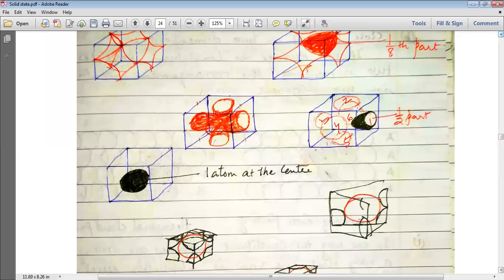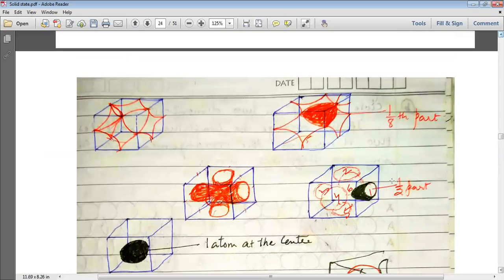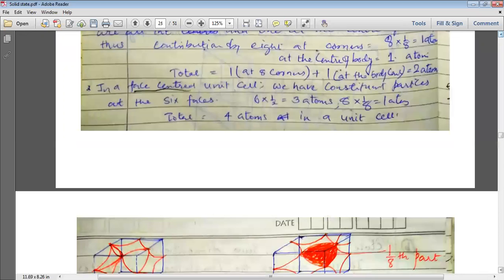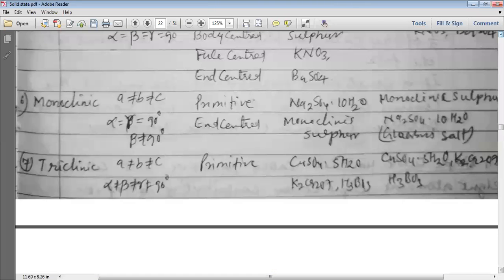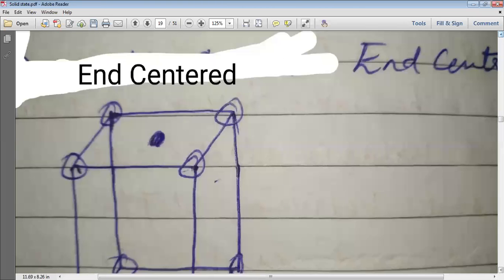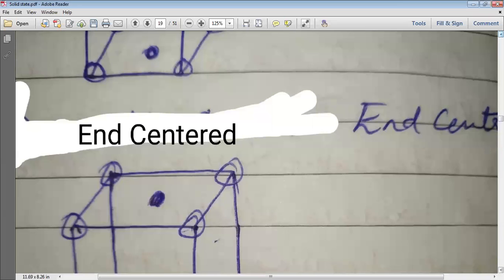And this is how, my dear students, we understand the face-centered unit cell. So apart from the corners, we have 6 particles present at the 6 faces, and on the basis of that we can understand the face-centered unit cell.